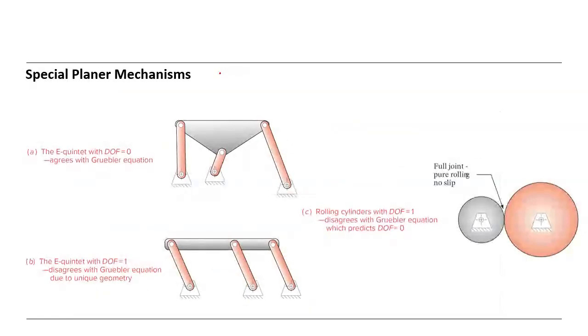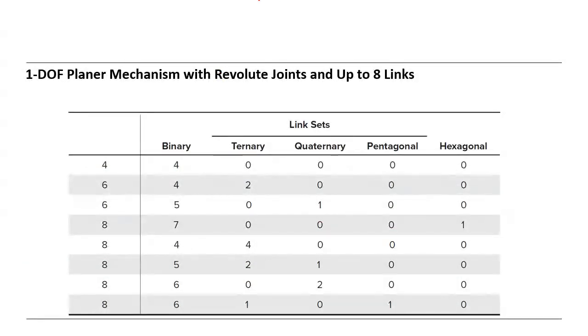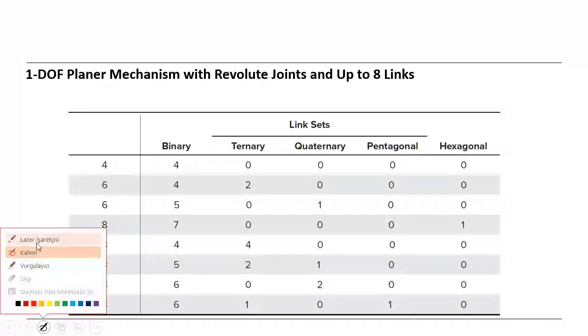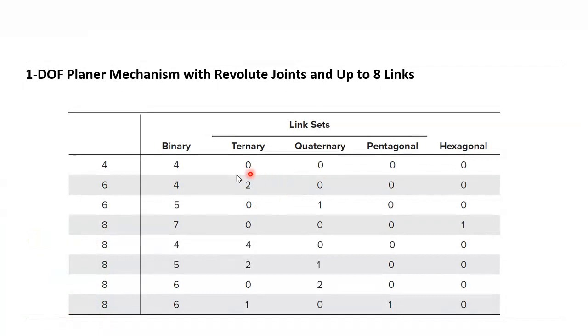And maybe, before we come to the special mechanism, I'd like to explain this table also. So we have 4-bar mechanism, 6-bar mechanism, 8-bar mechanism, and so on. So this is the number of the bars: 4-bar, 6-bar, 8-bar, and so on.